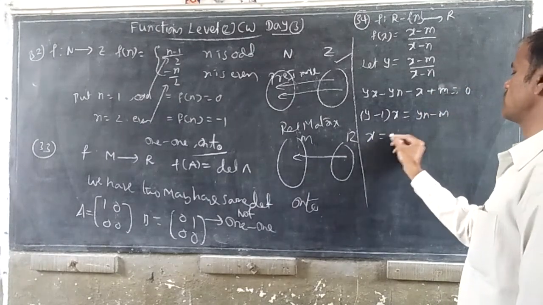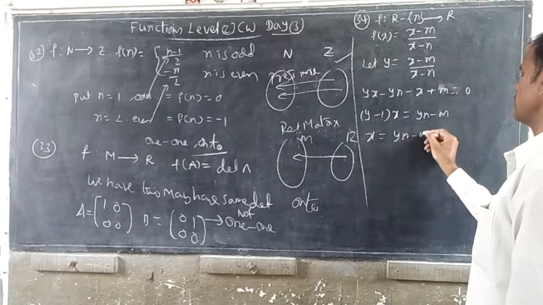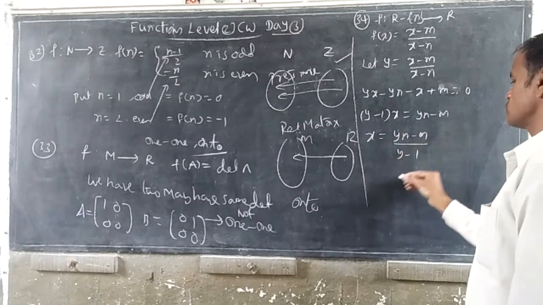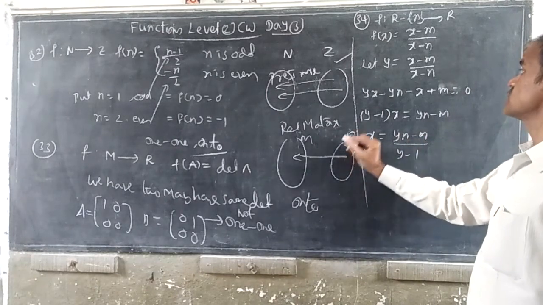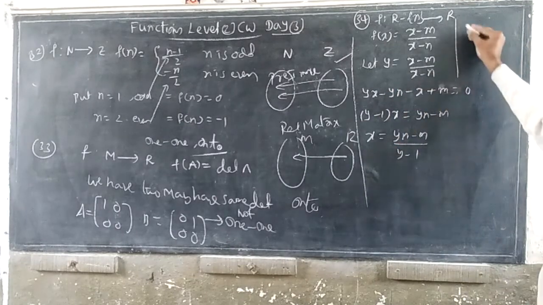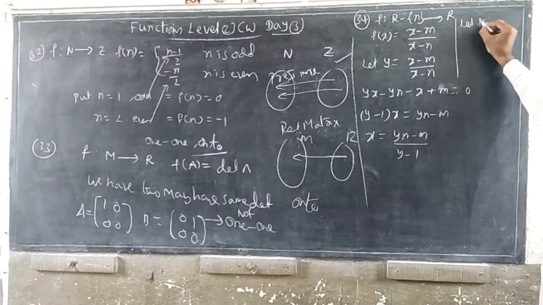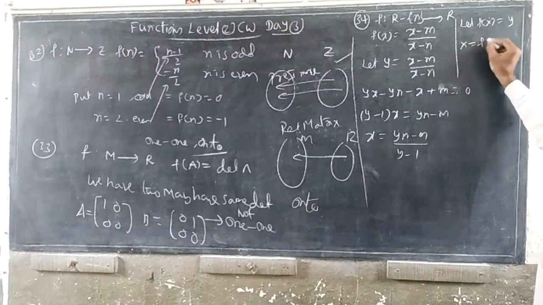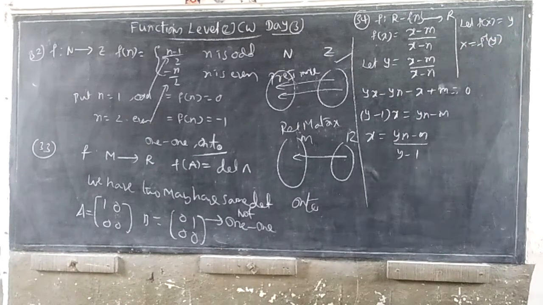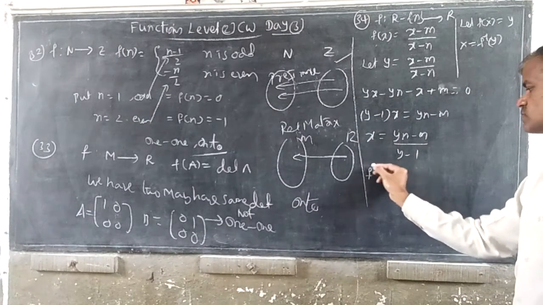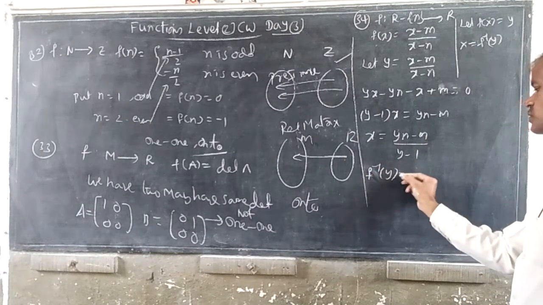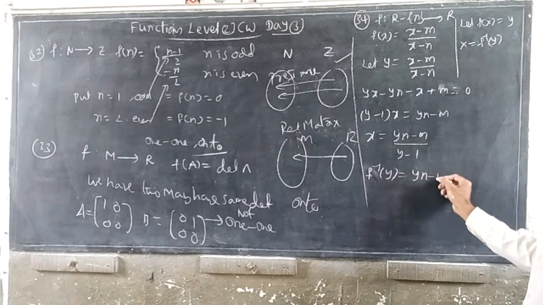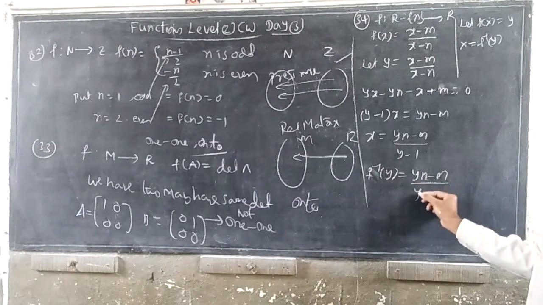So x is equal to yn minus m by y minus 1. So here x is equal to, the inverse function concept. Let f of x is equal to y. That implies x is equal to f inverse y. So here it becomes f inverse y is equal to yn minus m by y minus 1.